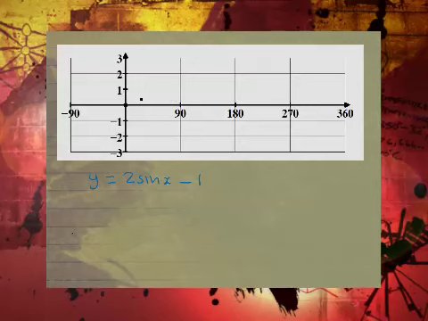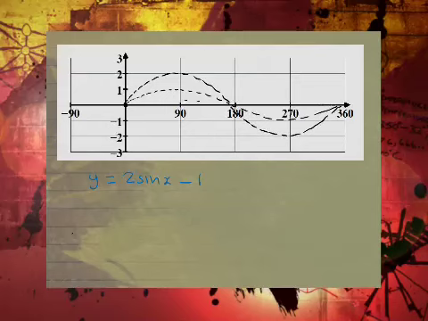There's my basic sine curve. Then I'm going to go 2 sine x, so it amplitude shifts up like that. And then from this big one, I subtract 1. So I drop this guy down. I drop him 1, drop him 1, drop him 1, this one there, drop 1. And then this one, this is the big one, drop 1, and then drop 1 there.